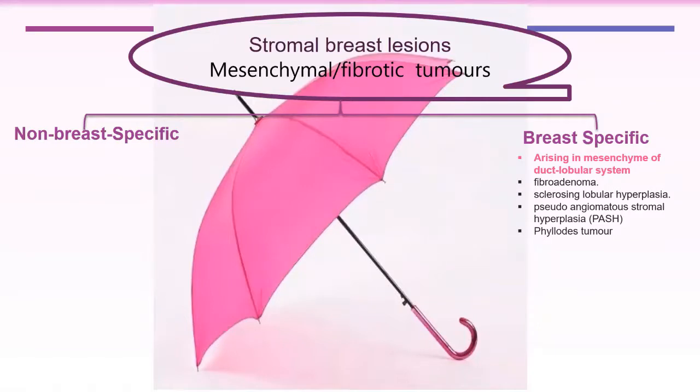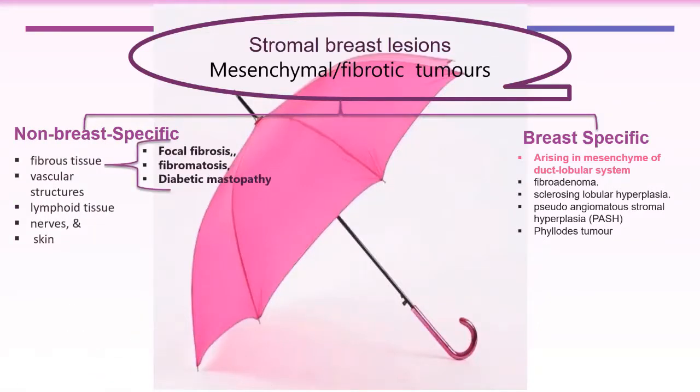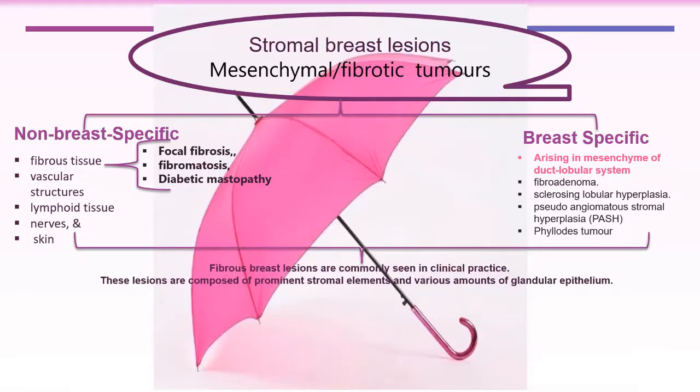The others are purely stromal, because they are non-breast specific stromal lesions, such as fibrous tissue, vascular structures, lymphoid, nerve, and skin. The fibrous ones give focal fibrosis, fibromatosis, and diabetic mastopathy. All these fibrous lesions are commonly seen in practice.